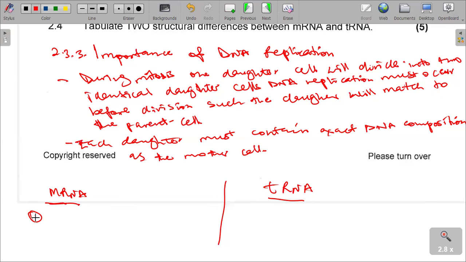So what are the differences? One, mRNA has unlimited, or many, nucleotides or nitrogen bases.